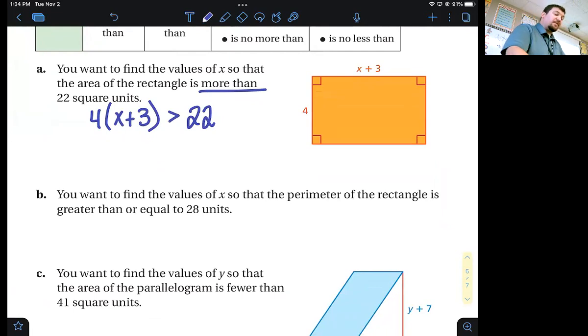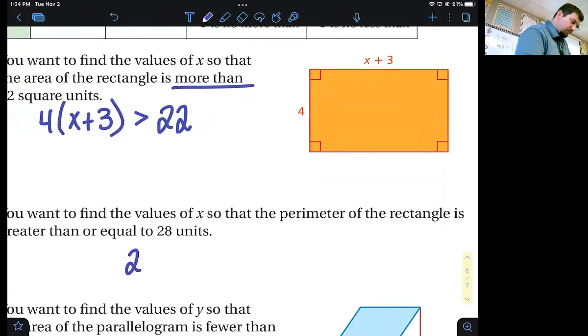You want to find the values of x so that the perimeter of the rectangle is greater than or equal to 28. How do I write the perimeter of that rectangle? What expression could I use? Xander? 2 in parentheses x plus 3 and parentheses plus 8.